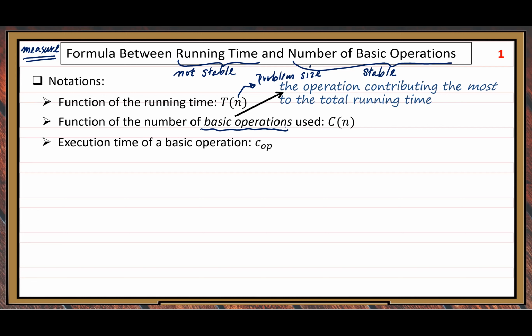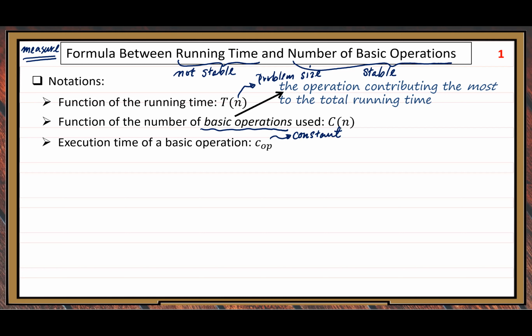Because each basic operation, its execution time on different machines could be different. Supercomputer, low-end computer, this number is quite different. Even if it is so different on different machines, we can treat it as a constant. So it's a constant number, right? No problem on that.